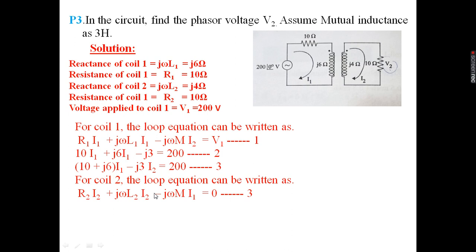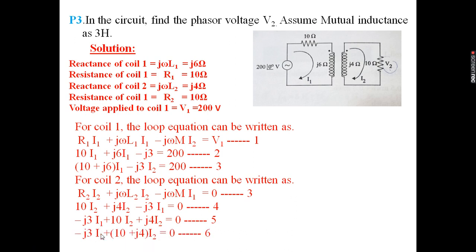So M associated with this mutually induced voltage will be minus, and as it doesn't have any voltage source in this loop, we put simply 0. Once we substitute the values, we will get minus j3 I1 plus (10 plus j4) I2 is equal to 0.